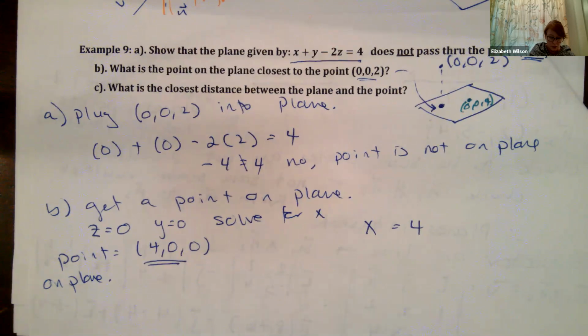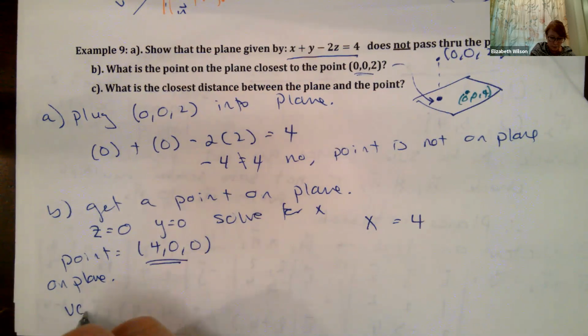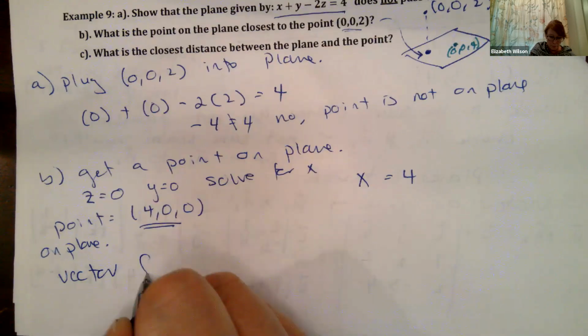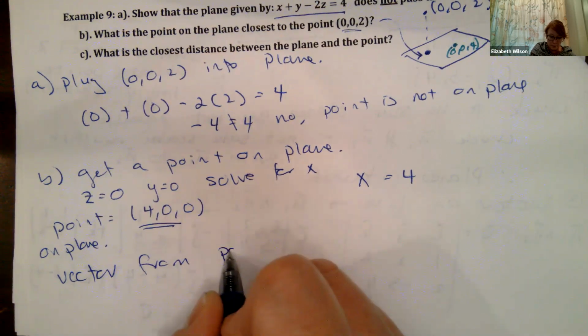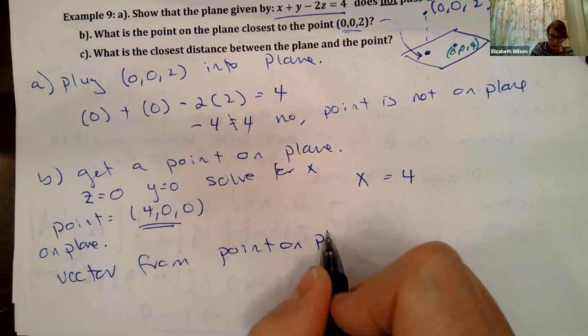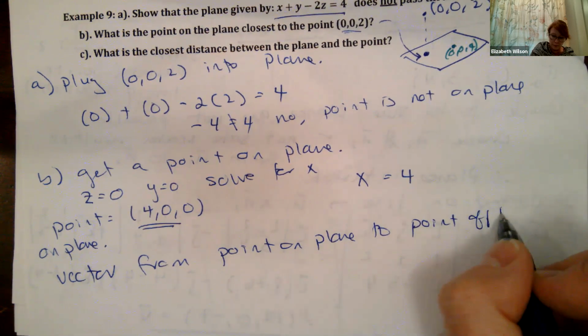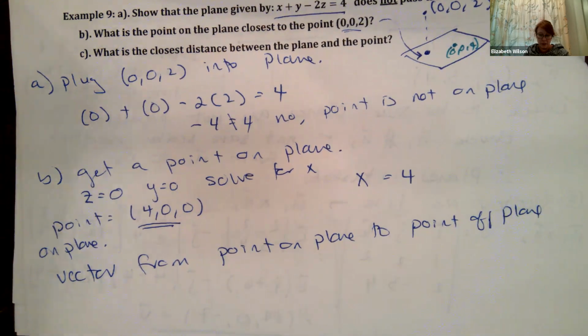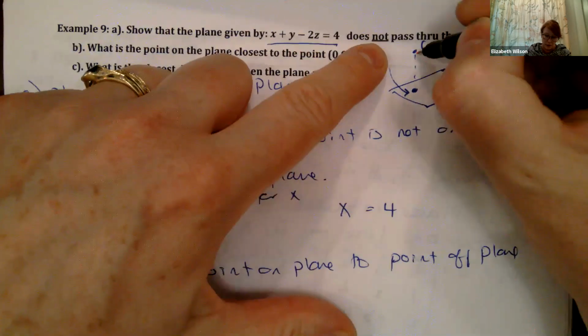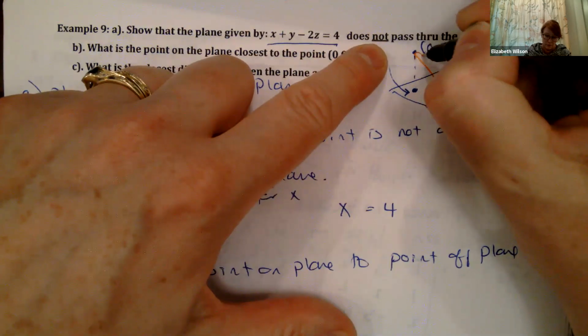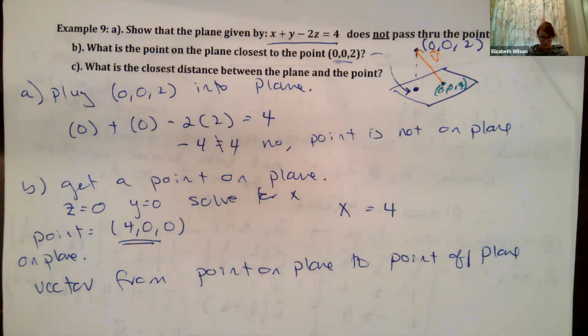All right, so now I have to create a vector from our point on the plane to the point off the plane. Okay, so we're creating this vector right here. Right, I need a displacement vector.